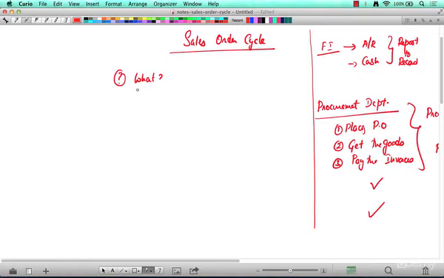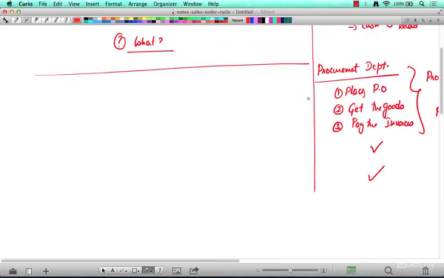So we understand what is sales order cycle. Now let's see the cycle itself. What does the sales order cycle comprise of? The sales order cycle is best understood with an example. We'll take two companies.